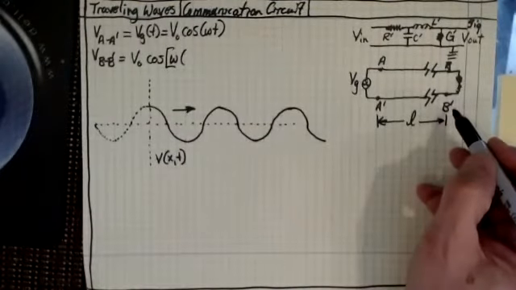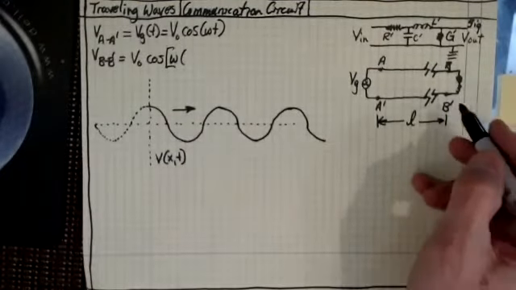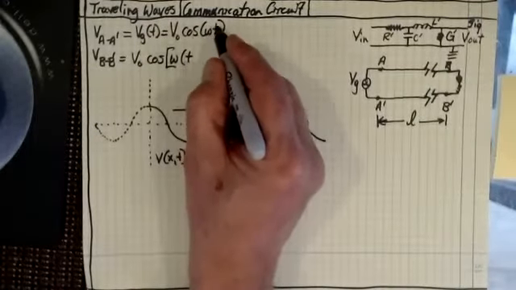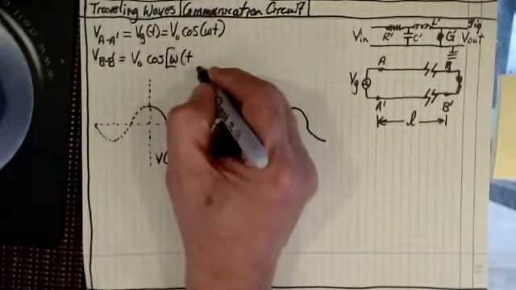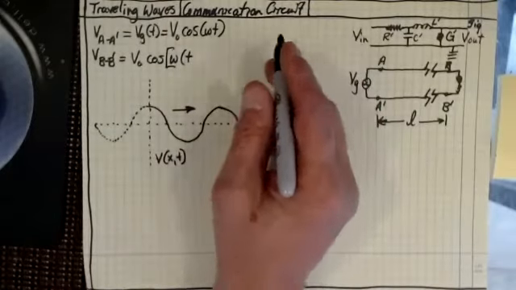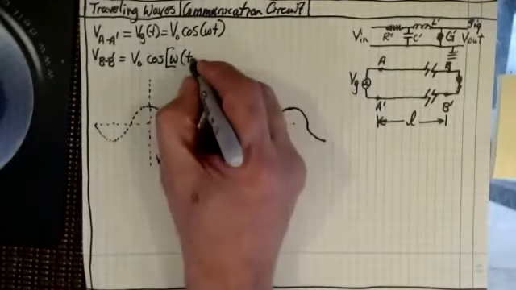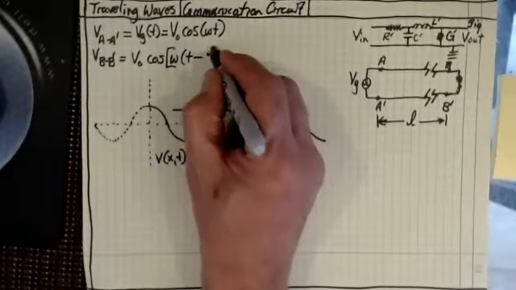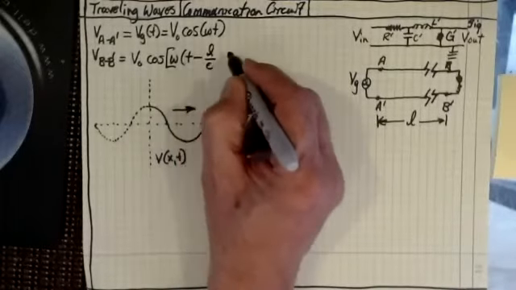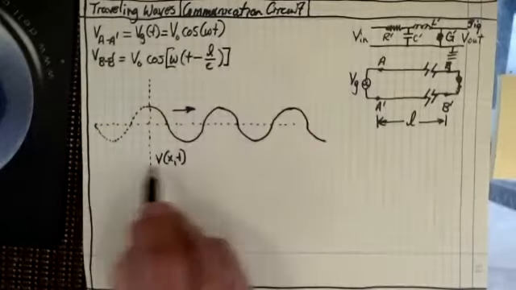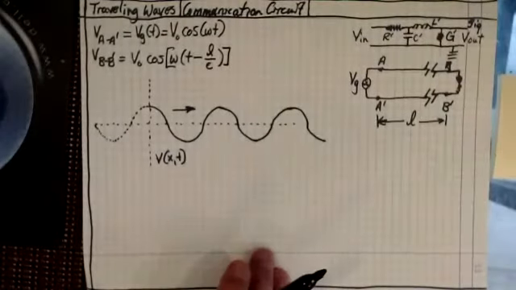Well, it would be, of course, omega t, just like we've got up here. Cosine omega t, cosine omega t. But this one would be shifted by L over the speed of light, because doesn't it take that long for the wave to have traveled? Right.